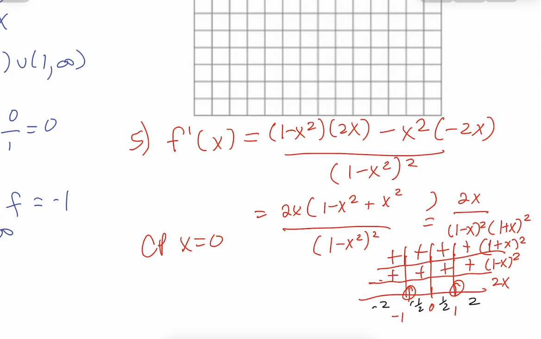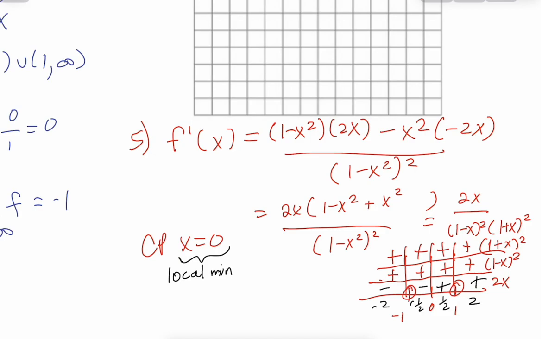If you plug in negative 2 to 2x, that's a negative. If you plug in negative 1/2 to 2x, that's a negative. If you plug in positive 1/2 to 2x, that's a positive. If you plug in 2 to 2x, that's a positive. So we know that at this critical point here, we are decreasing and increasing. So what is 0? What did you say? I'm sorry. It is a local minimum.